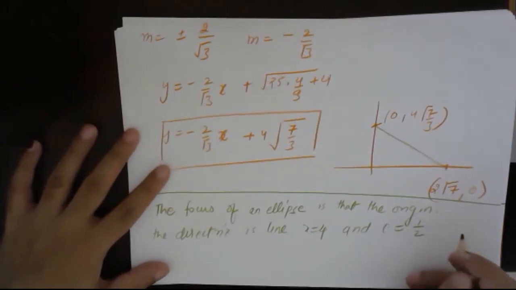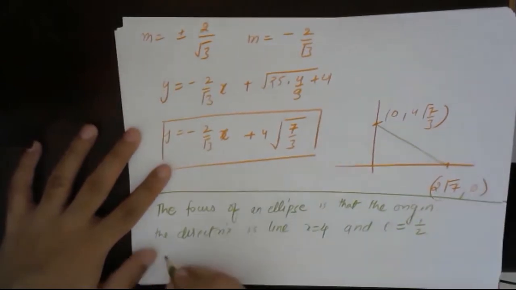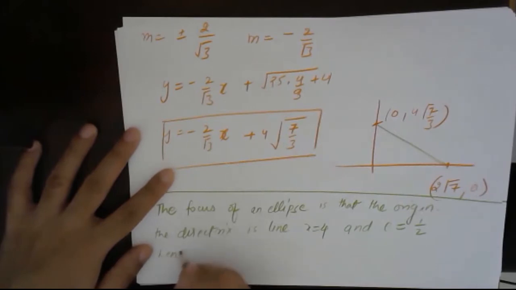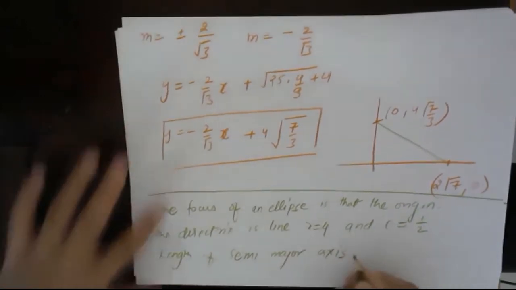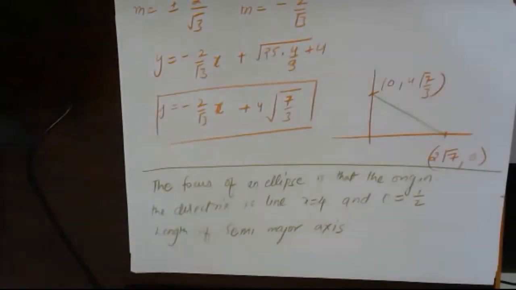Then the length of the semi-major axis is, so you have to find the length of the semi-major axis. Okay, solve this. I'm giving you 1 minute's time.